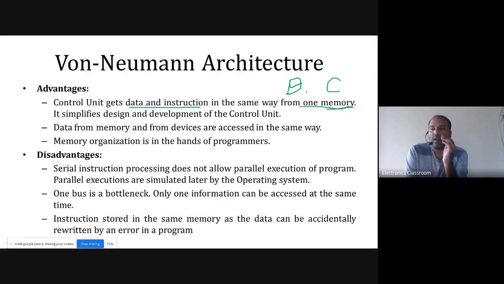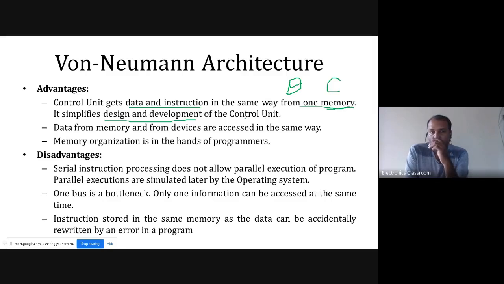Means if I want to read an instruction from memory, I need to follow the same process, and for data it will also follow the same process. So it simplifies design and development of the control unit. Since both memories are the same, and the data and address bus are the same, it simplifies design and development of the CPU.